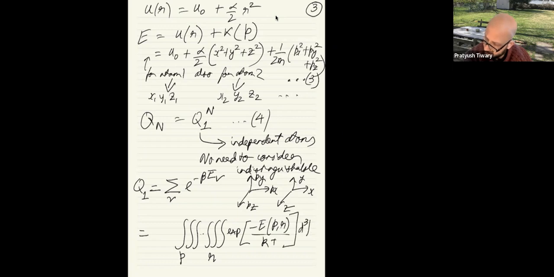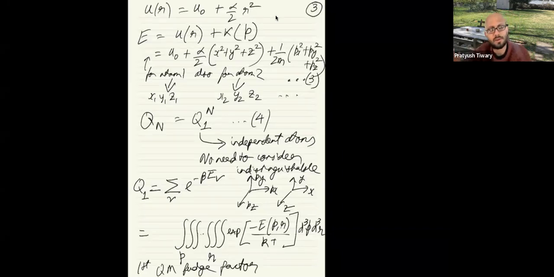And here we will have d3P and d3R. So I can do my first quantum mechanics fudge factor. The second factor will be the N factorial fudge factor, which will come later.